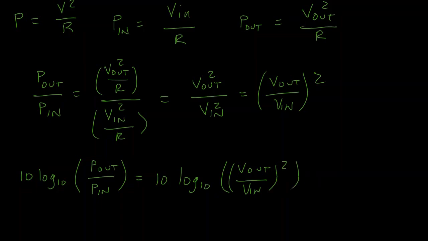Now the nature of the logarithm is, if we square a value, we can actually pull the square out and just multiply by 2 out in front. So that's going to turn out to be equal to 20 times the log base 10 of V out over V in.